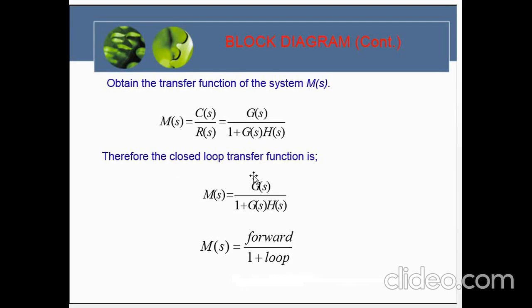Therefore the closed loop transfer function is as below. There is the general formula, M(s) equal to G(s) per 1 plus G(s)H(s), or forward gain or forward transfer function divided by 1 plus loop gain. This is the general formula.